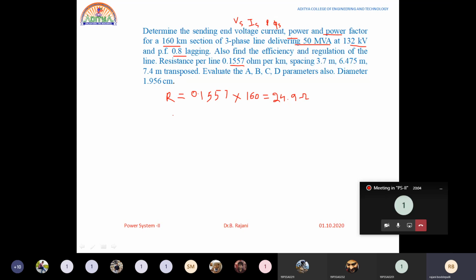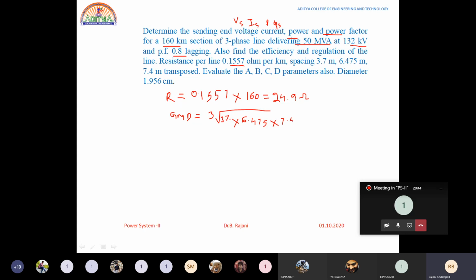Now let us see the GMD. Can we calculate the GMD over here? GMD is equal to the cube root of the three different distances given, that is 3.7 into 6.475 into 7.4.